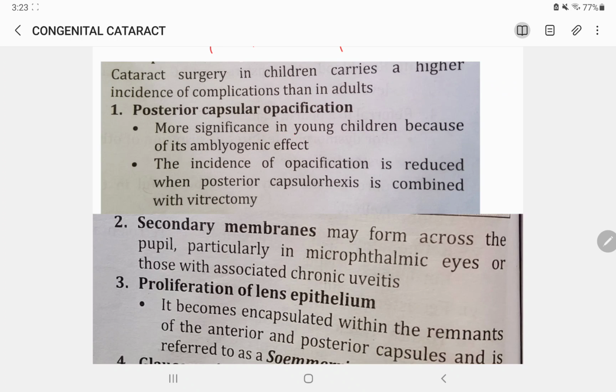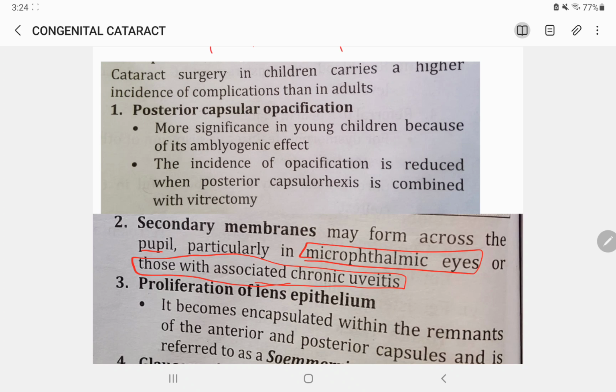So why does it affect young children? Because it will lead to amblyopia from stimulus deprivation, and the incidence of opacification is reduced when posterior capsulotomy is combined with vitrectomy, like we already discussed earlier. And then secondary membranes: other kinds of membranes may form across the pupil, particularly in microphthalmic eyes, small eyes, and those associated with chronic uveitis.